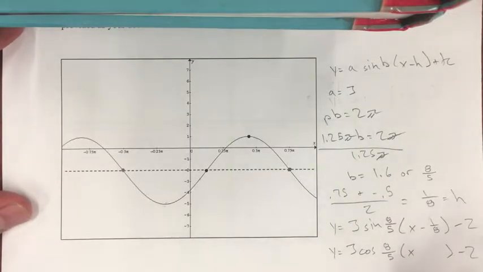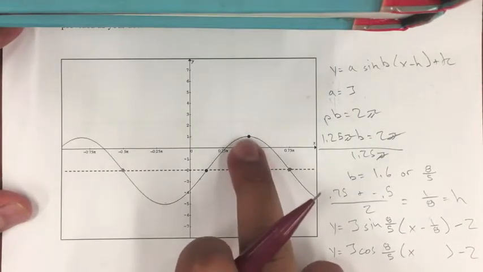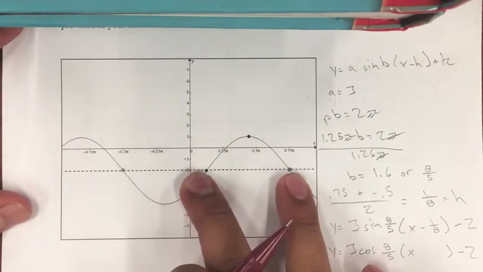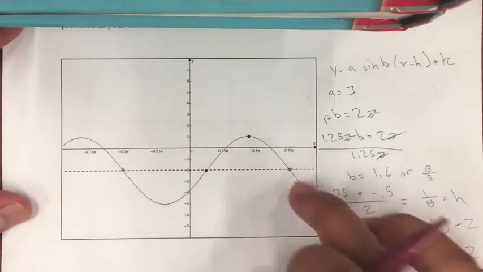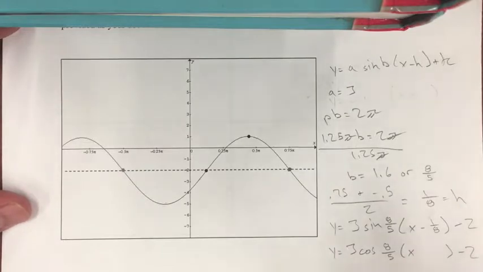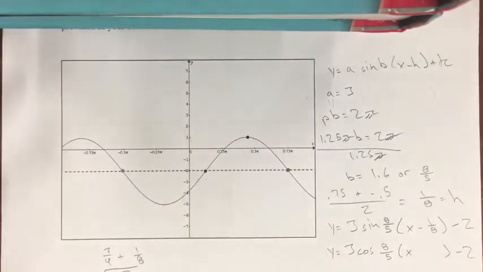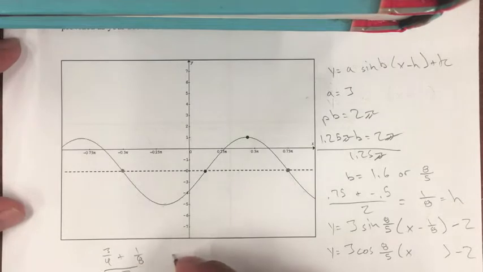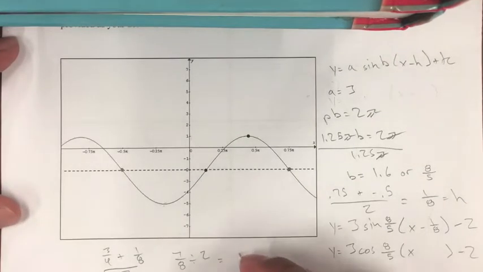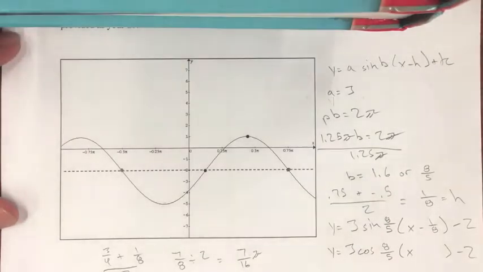Now to solve for the starting point, which is right here, you will have to use these 2 points, which is 1/8 and 3/4. So you will add 3/4 plus 1/8 and then divide that by 2. So 3/4 plus 1/8 is 7/8, and 7/8 divided by 2 is 7/16.